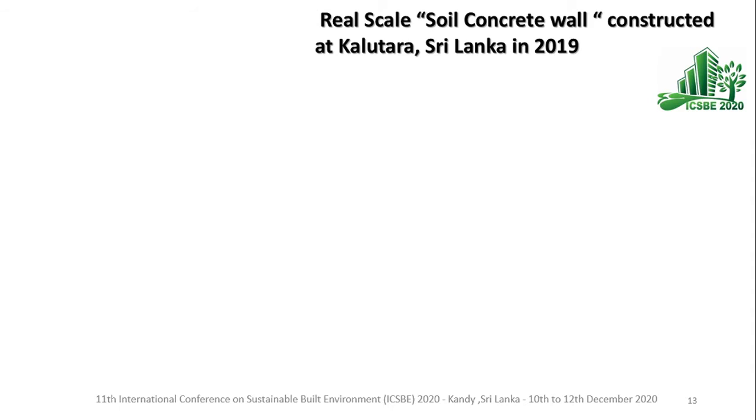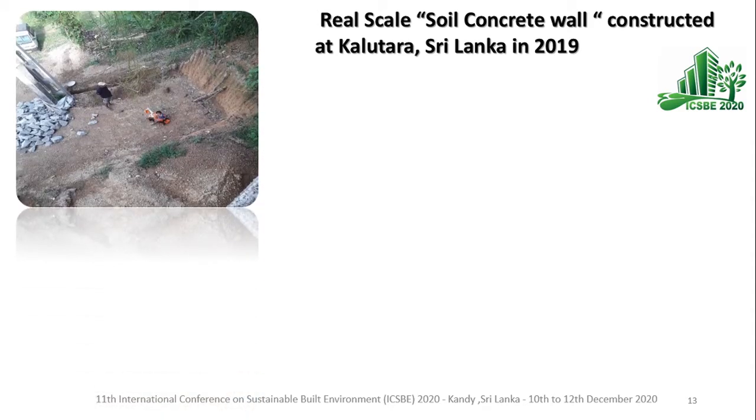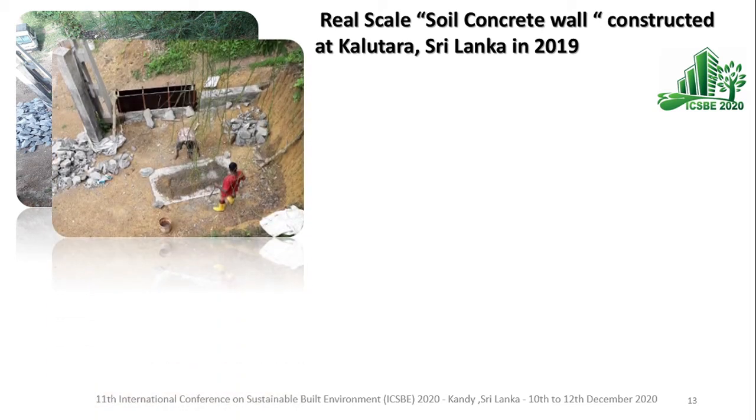Then we looked at building a mock-up house. These are the steps. We used the same material that was excavated on this site. It is a good mixture of soil. This is how we mix soil and cement. It is a very easy method, similar to manual concrete mixing.